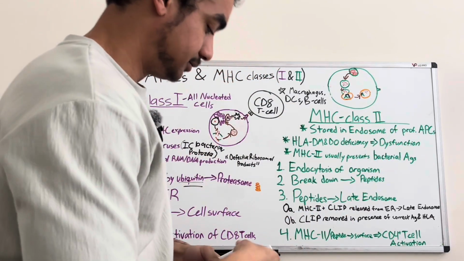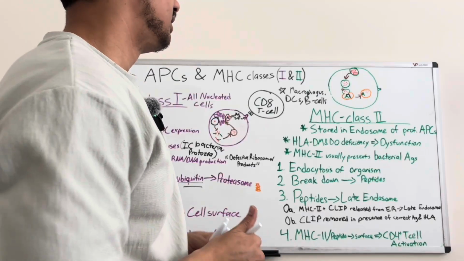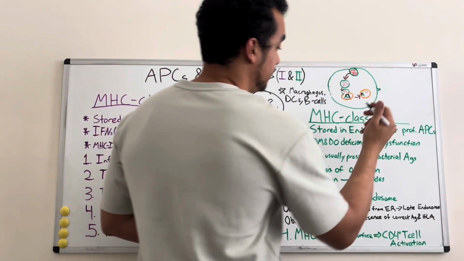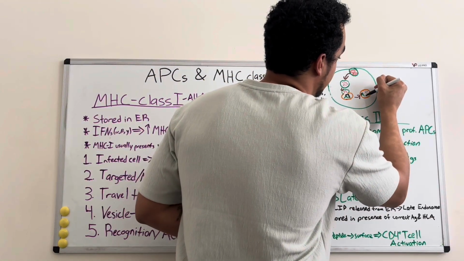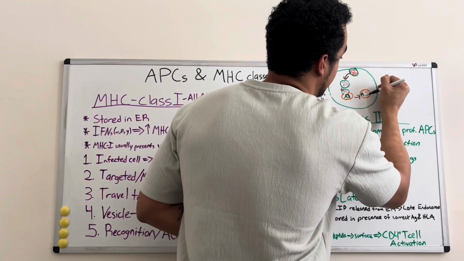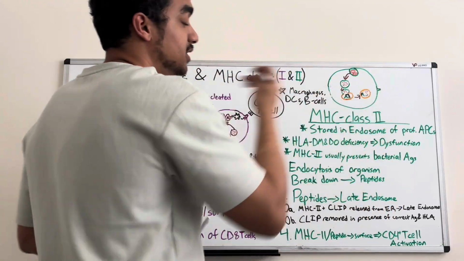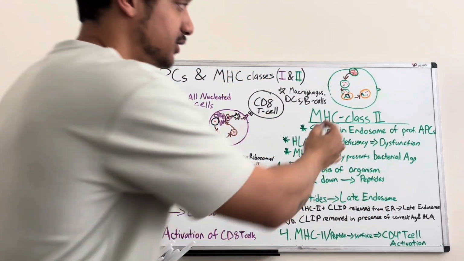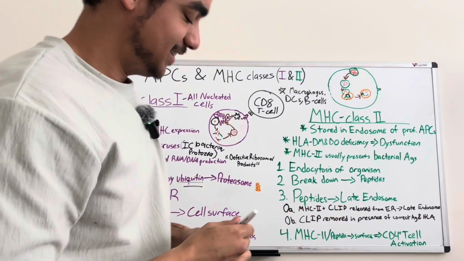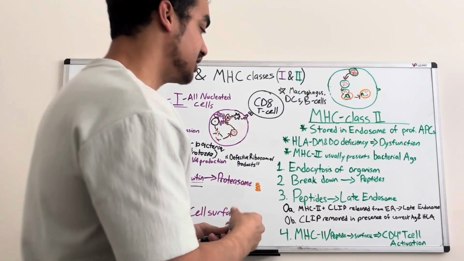But the late endosome also has HLA-DM and DO. Those are the little two black lines. Sorry, I didn't make it any easier to distinguish.